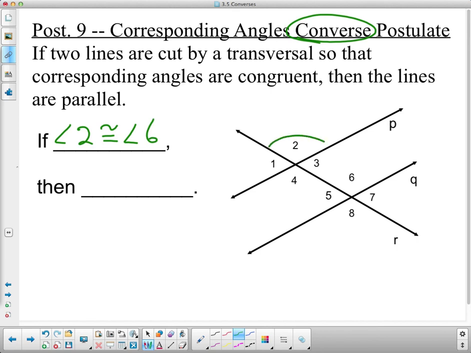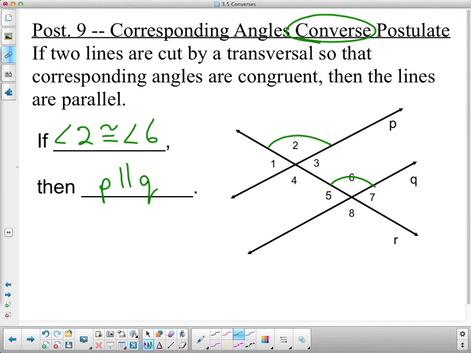So if angle 2 is congruent to angle 6, then, read the then part of what you just wrote down. How would that relate to the picture? What are the 2 lines that are parallel? Mitch? Find the line names. Okay, so then P is parallel to Q.